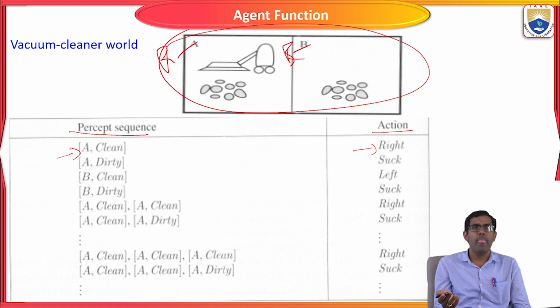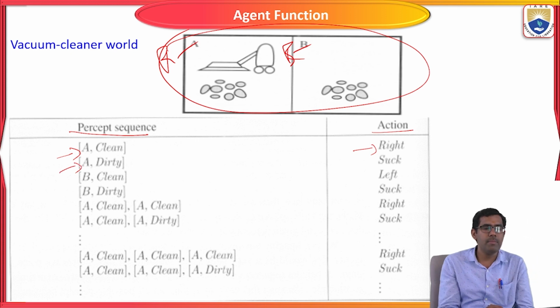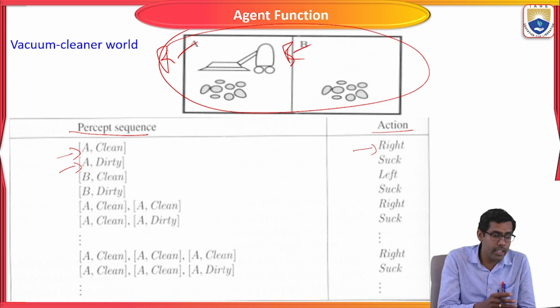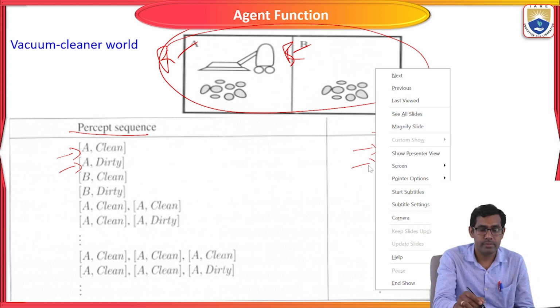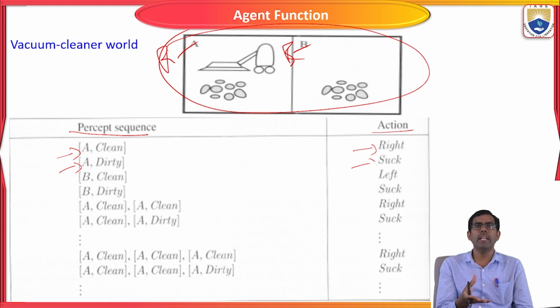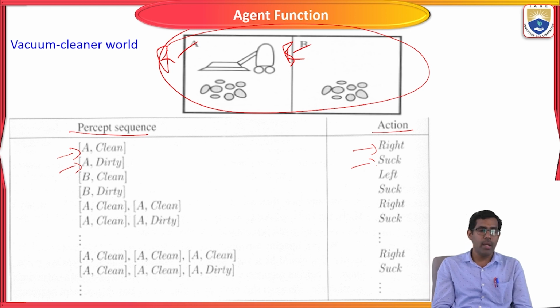We just have to check. Then the next state, A comma dirty. The room A is dirty. If room A is dirty, at that time we are going to take the action, suck. Suck the dirt. We give the instruction to the AI machine to clean the particular place.